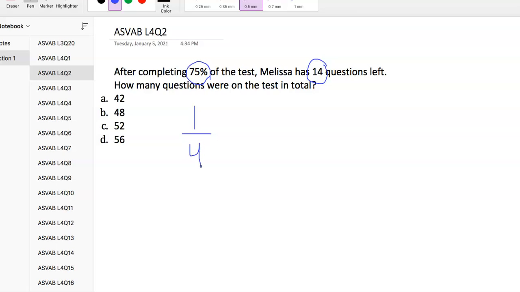So 3/4 is completed, 1/4 is left. 1/4 is left, 14 questions are left. How many total? Hopefully that makes sense how I did that, right? That sets it up correctly. Then if we just cross multiply, 1 times x is just x. 14 times 4 is 56. And there's our answer right there.